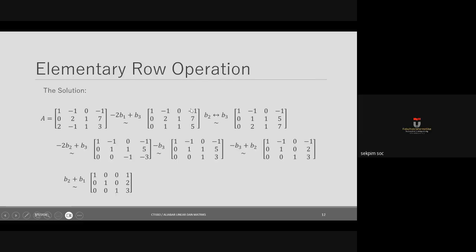Reduced row echelon form means that all pivots should be one, and it's not only under the pivot that should be zero, but above the pivot should also be zero.